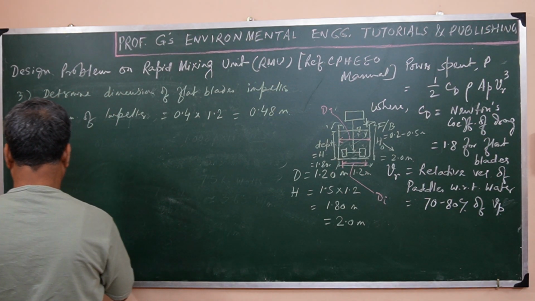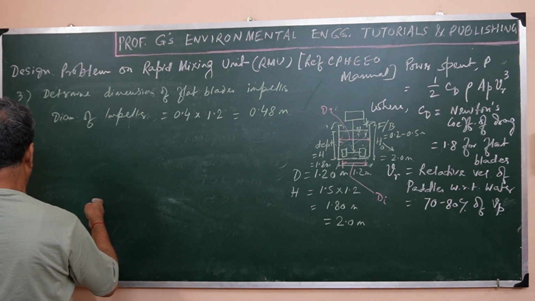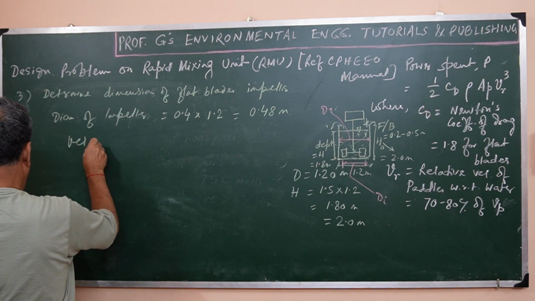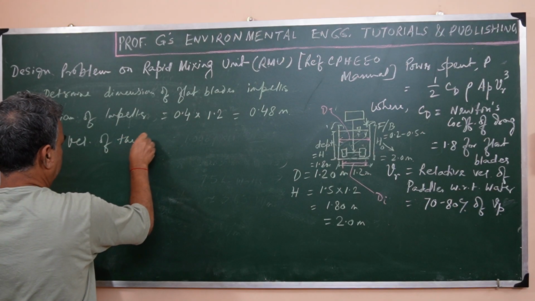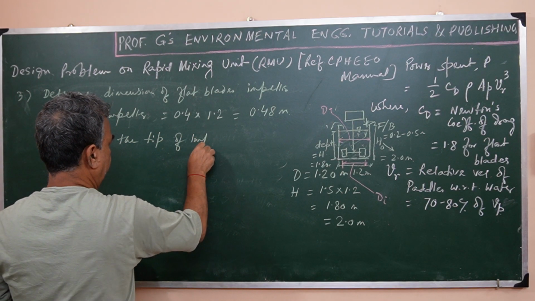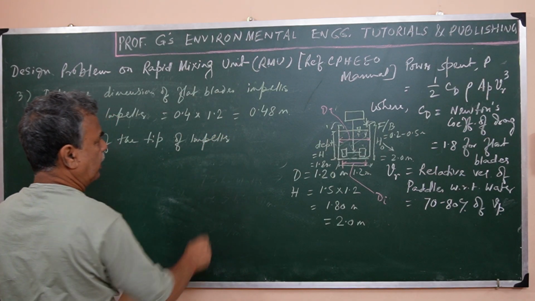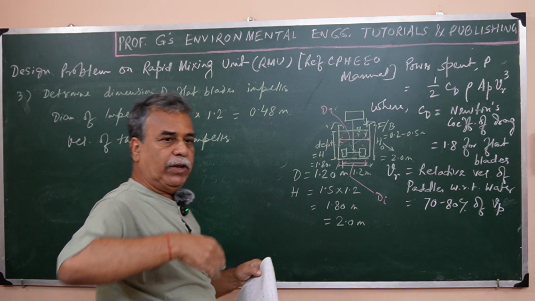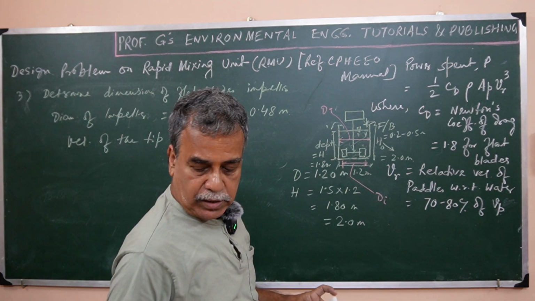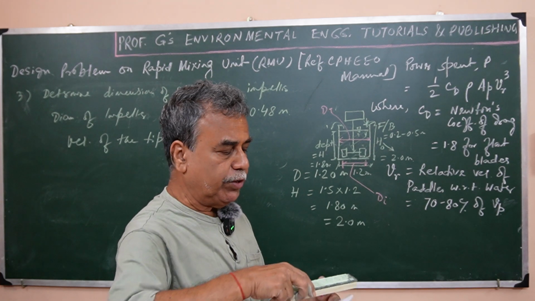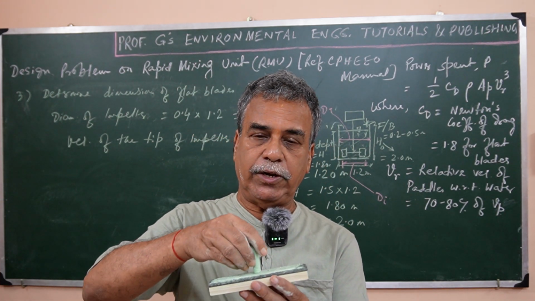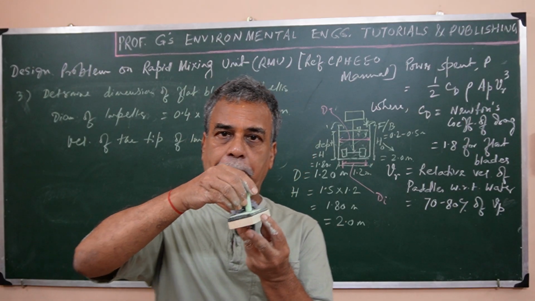Now velocity of the tip of the impeller. This is also called the tangential or peripheral or tip velocity, same, right? So when it is revolving around, suppose this is a shaft and this is rotating like that, okay.